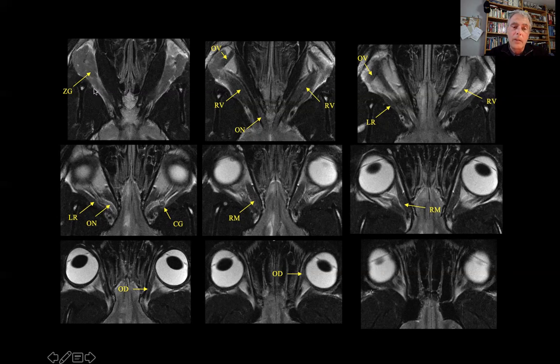We have the zygomatic salivary gland that is present in carnivores. You can identify the obliquus ventralis, the rectus ventralis. You see the optic nerves here. These are the optic nerves. And the obliquus ventralis again, the lateral rectus, etc. Lateral rectus here, etc. And here should be the ciliary ganglion at this level here.